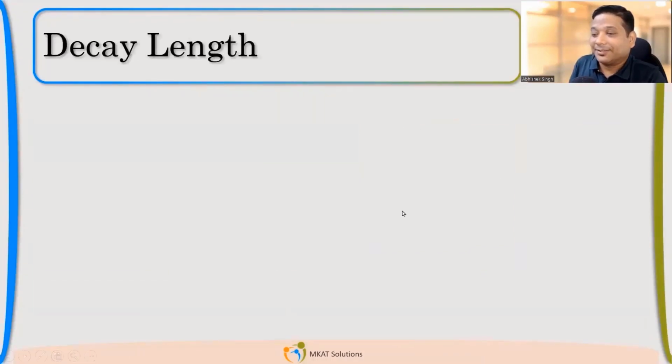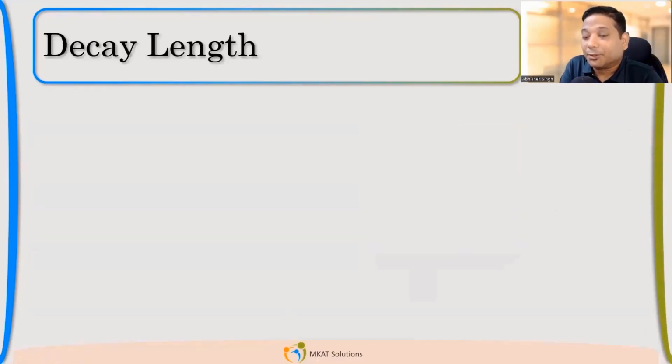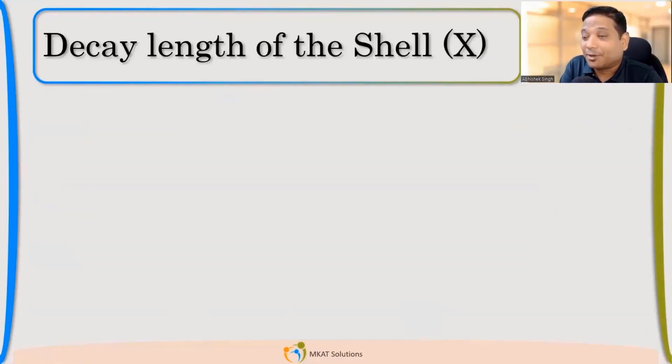So we can calculate the centroid. So we have calculated the second term. Yes, definitely we'll repeat y. It will come again in the second slide. Okay, don't worry.